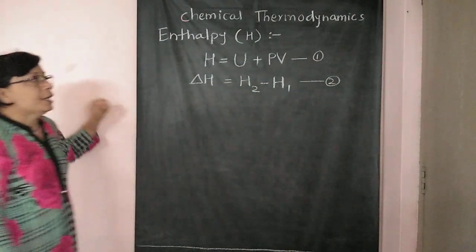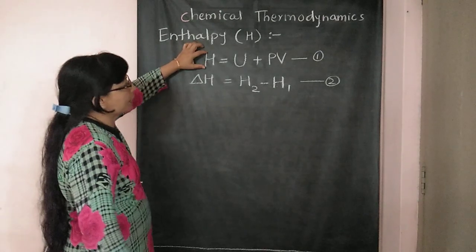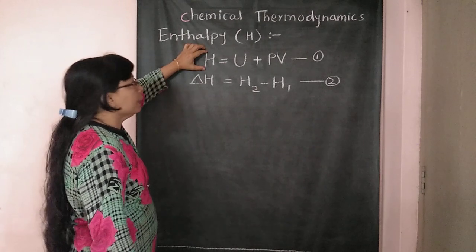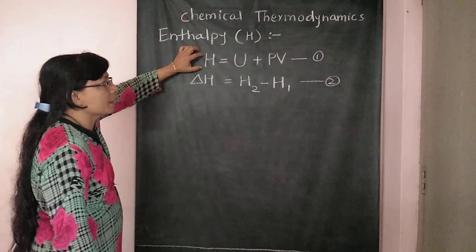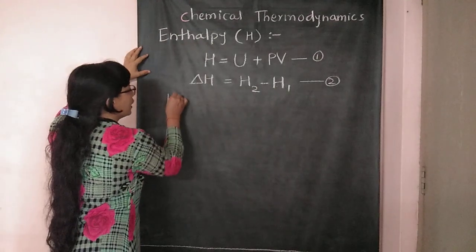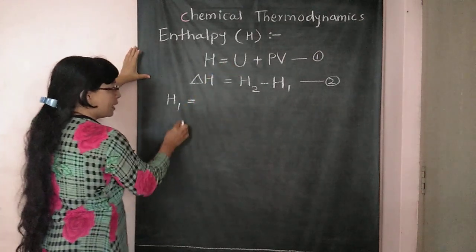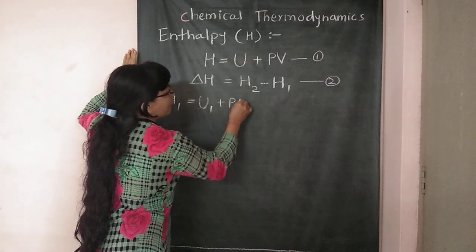Okay. Next point, notice according to equation 1. If the enthalpy of the initial state, H1, we can write according to the first equation as H1 is equal to U1 plus P1 V1.